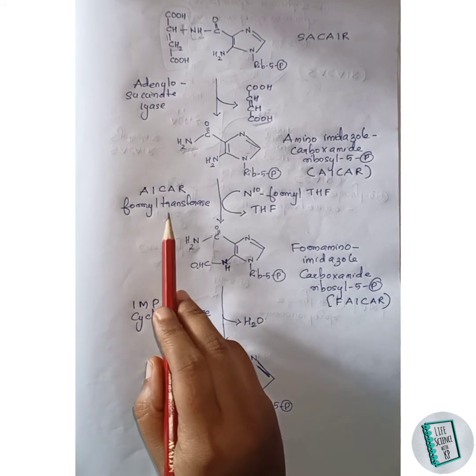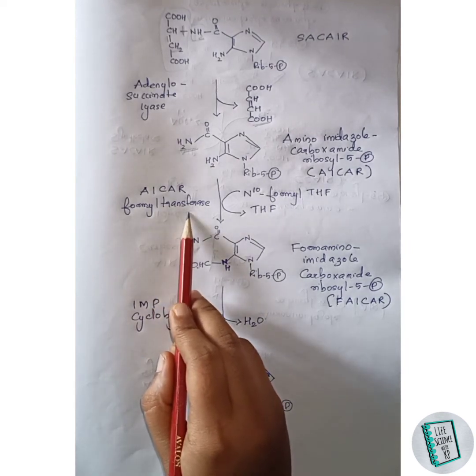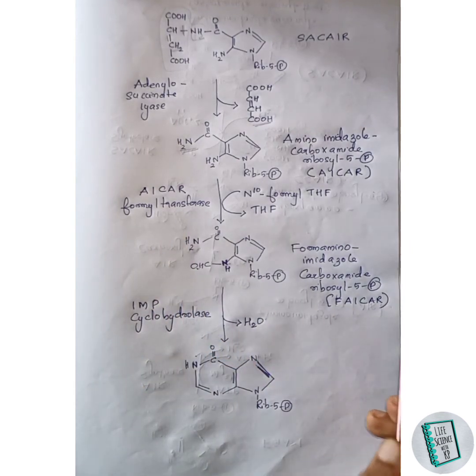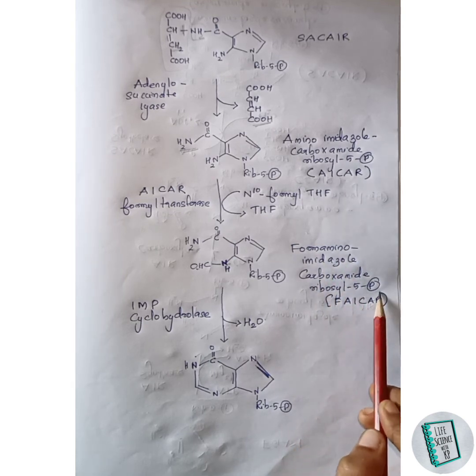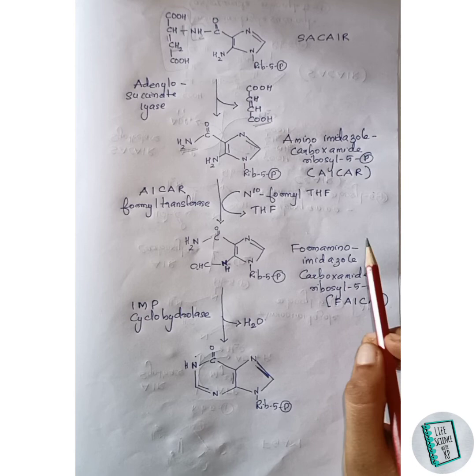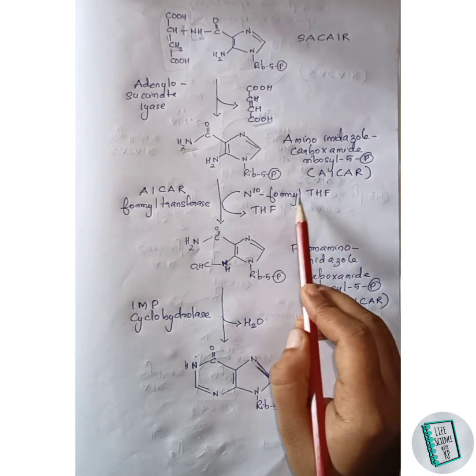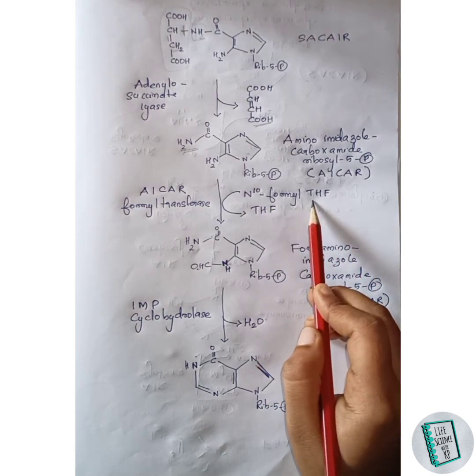Now in the next step, this AICAR in presence of AICAR formyl transferase forms FAICAR, or formamidoimidazole carboxamide ribosyl 5-phosphate. Here transfer of a formyl group from N10-formyl tetrahydrofolate occurs.